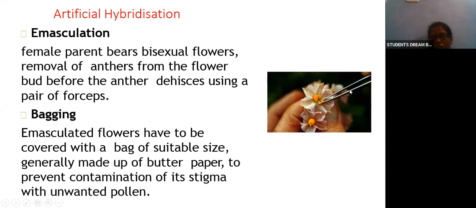That process is known as emasculation. Then there is a process called bagging. In the emasculated flower we have to cover it with a suitable bag or butter paper, to prevent contamination so that unwanted pollen does not pollinate it. This is known as bagging.